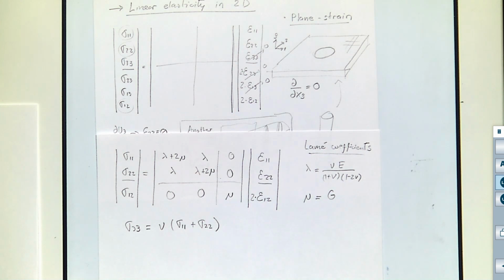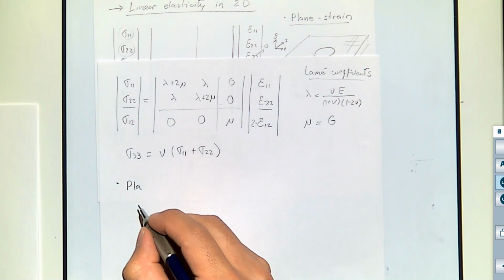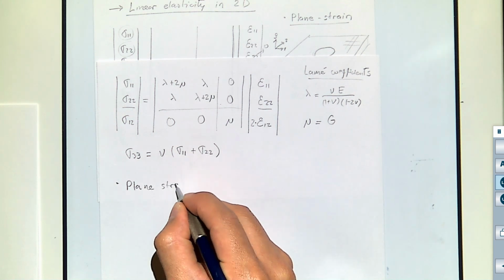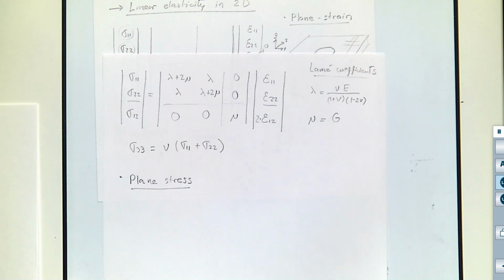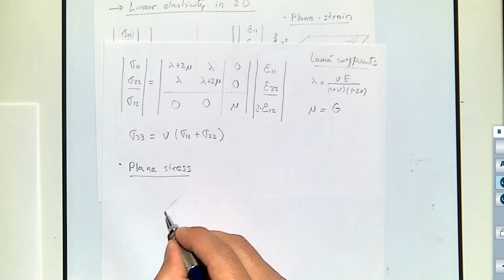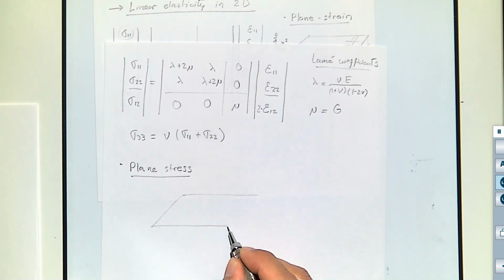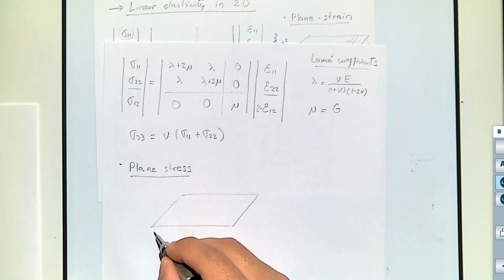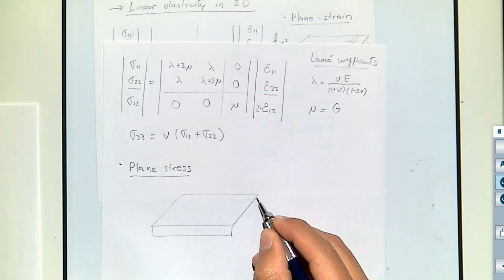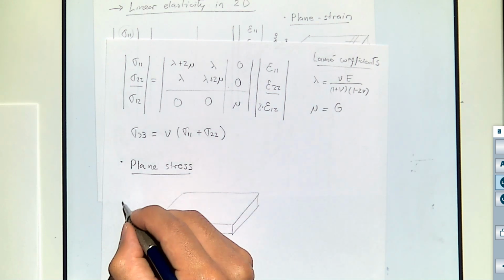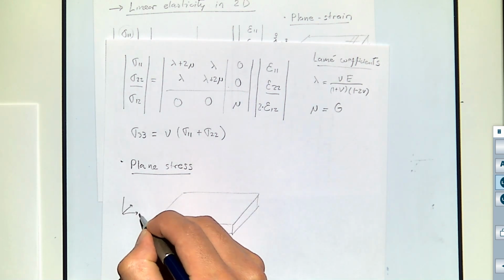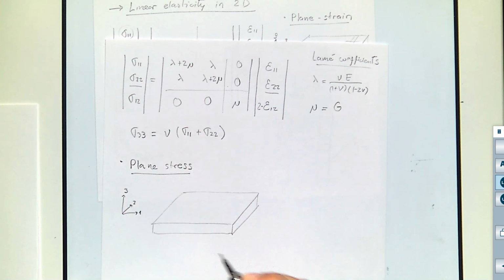The opposite of that would be what is called a plane stress model, in which, let's draw again a plate or a section of some particular solid. This is 1, 2, and 3.